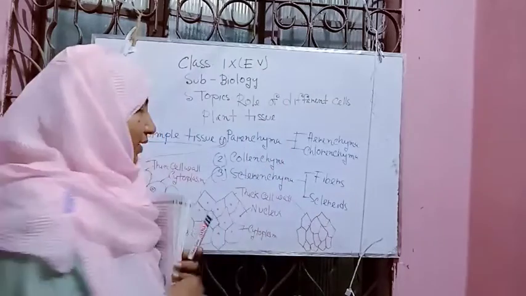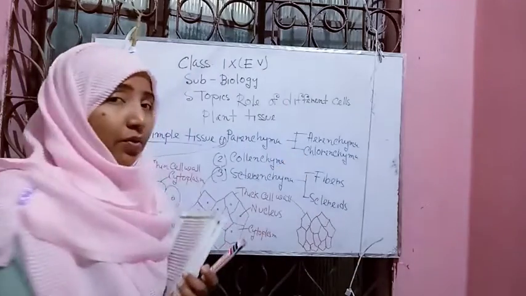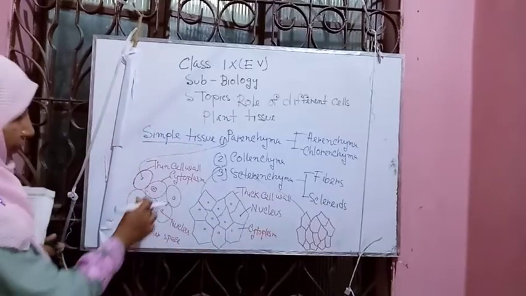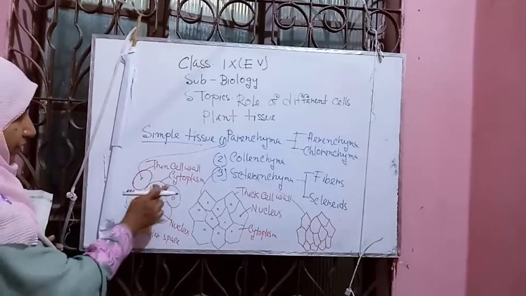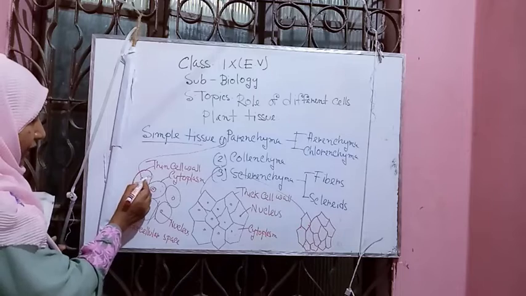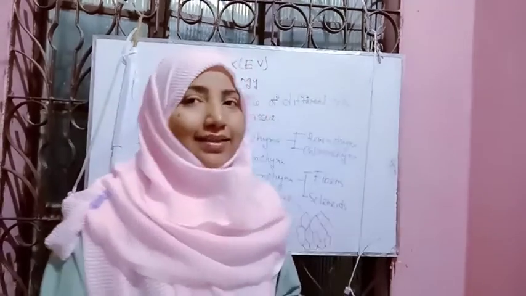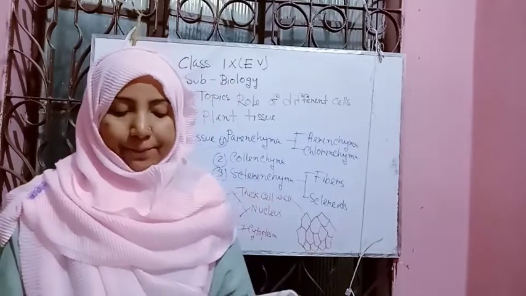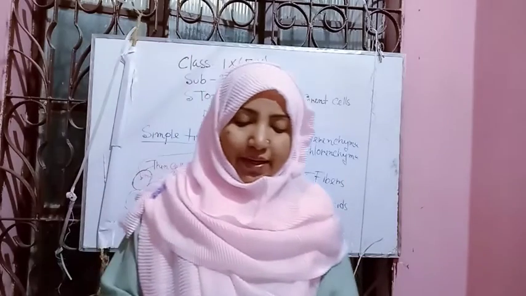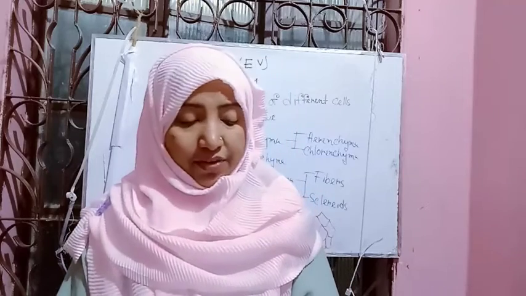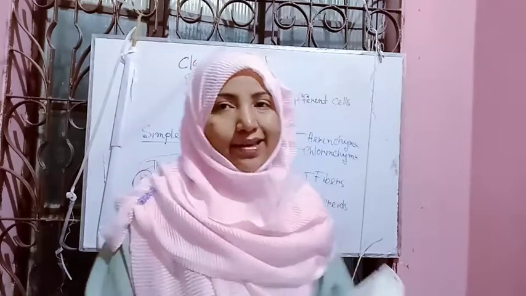So, what is the meaning of chlorenchyma? This structure is the parenchyma and it also has another structure, the plastid or chloroplast. Another name is chlorenchyma. And parenchyma cells with air-filled spaces are called aerenchyma.